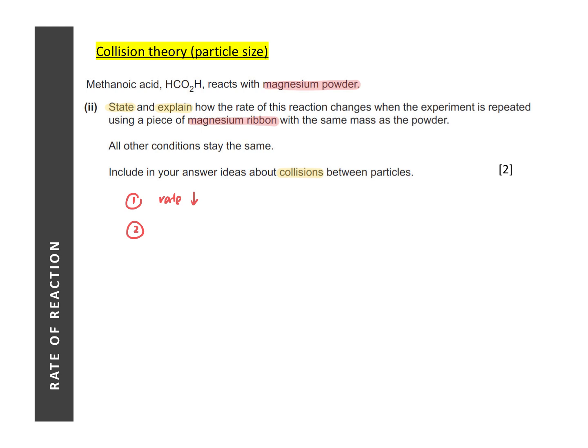When your particle size increases, your total surface area exposed for reaction would decrease. And when that happens, the frequency of collisions between your reacting particles would decrease, and that would cause a decrease in the frequency of effective collisions.